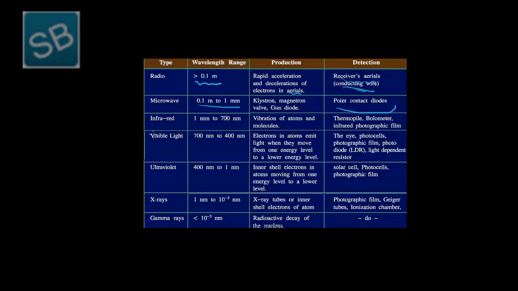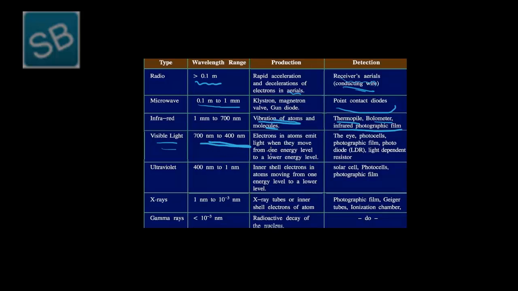Now the next one is infrared. 1 millimeter to 700 nanometer is its wavelength range, and it is produced by vibrations of atoms and molecules, and you can detect it by thermopile, bolometer, infrared photographic film. The next one is visible light, which is very sensible to us, having a wavelength range of 700 nanometer to 400 nanometer.